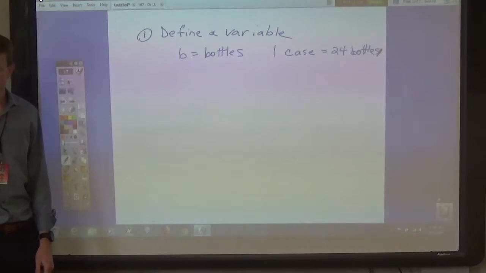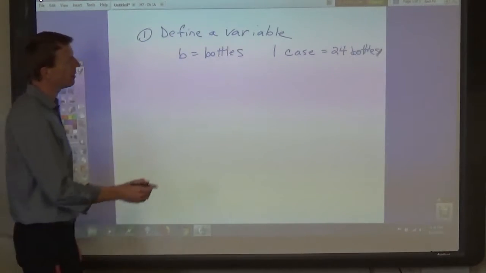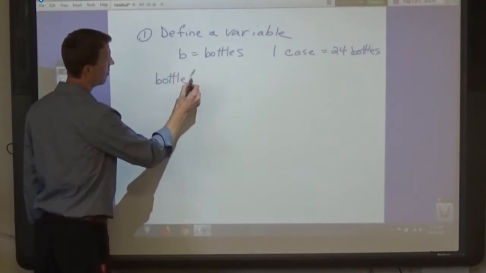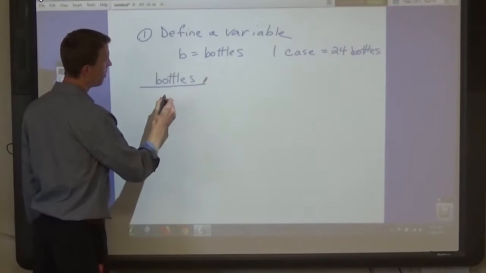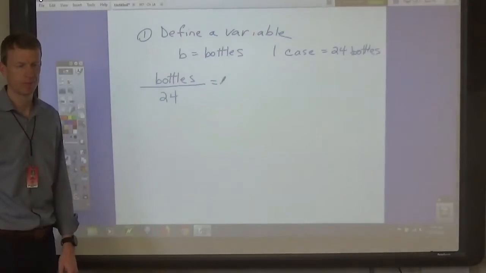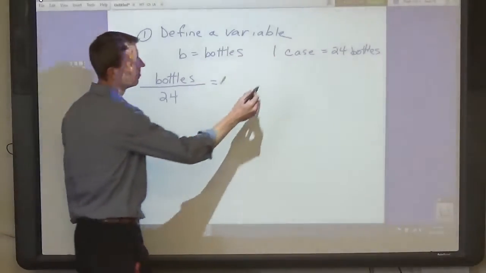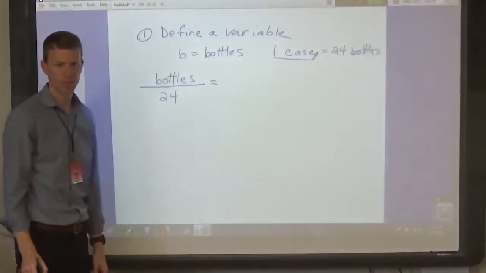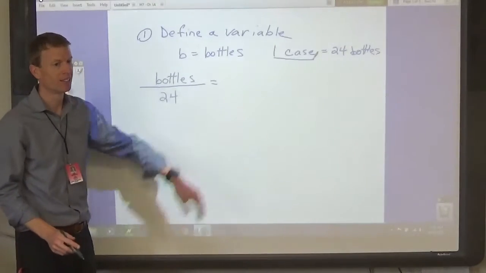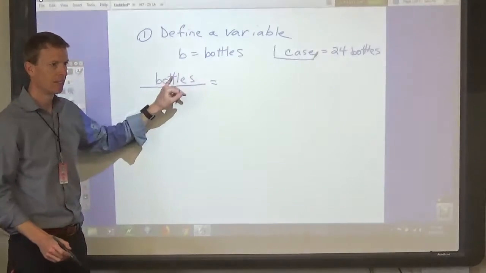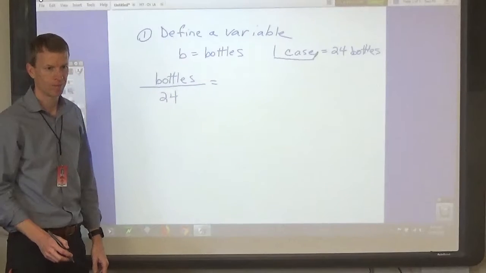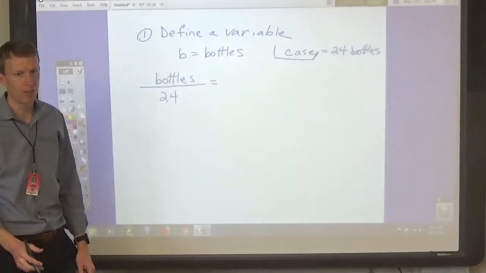Then, it says how many cases would the store order to get however many bottles they want. Well, energy drinks come in cases of 24 bottles. Write an expression for the number of cases. So 1 case equals 24 bottles, right? And so, if they take the number of bottles and divide it by 24, that equals what? The number of what? What's missing here? How many bottles are in one case?